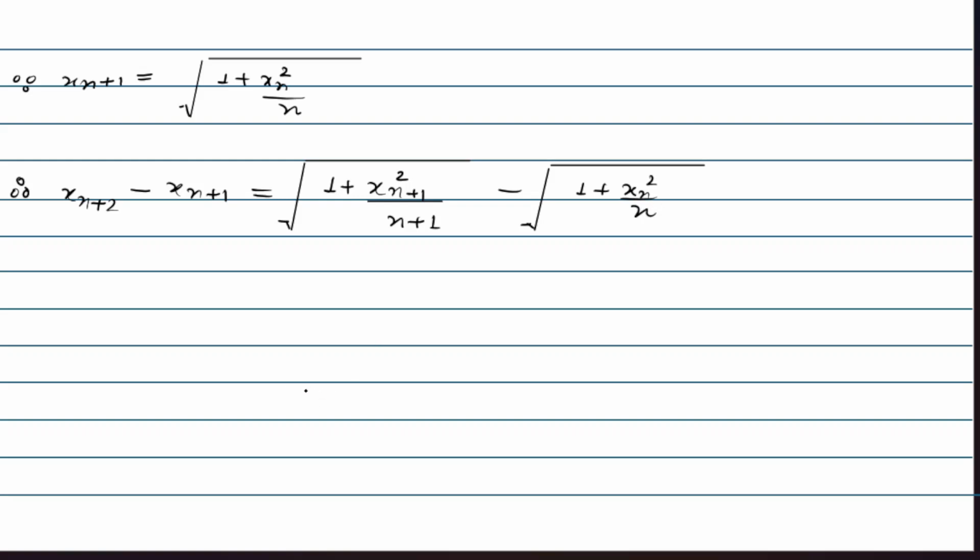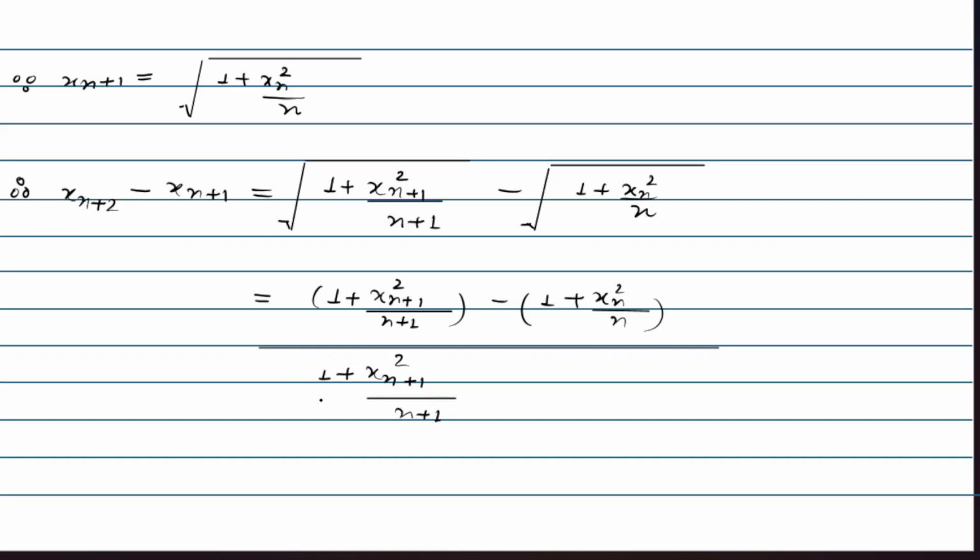Now if I solve this by rationalizing, I get 1 plus xn plus 1 square upon n plus 1 minus 1 plus xn square upon n in the numerator, and in the denominator I get the square root of 1 plus xn plus 1 square upon n plus 1, plus the square root of 1 plus xn square upon n.